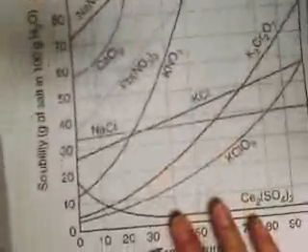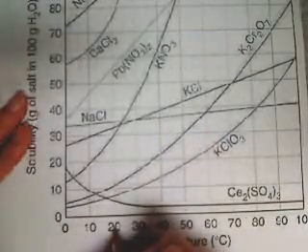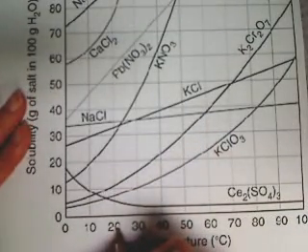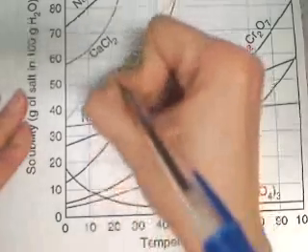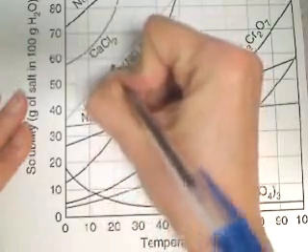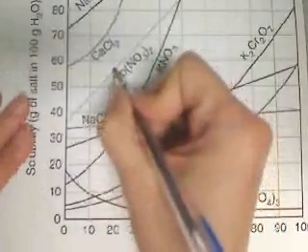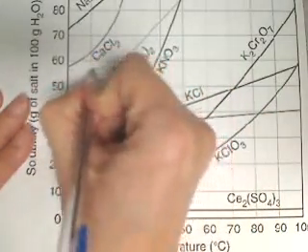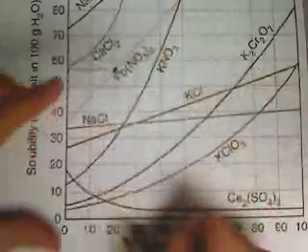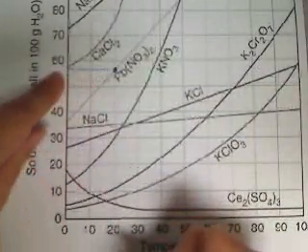So if I'm looking at 20 degrees C, I'm going to follow this all the way up. We're looking here at lead nitrate. At 20 degrees C, I would have about 57 grams.